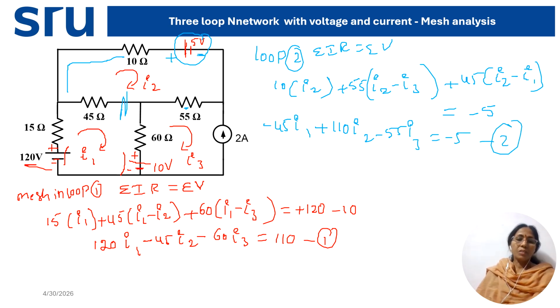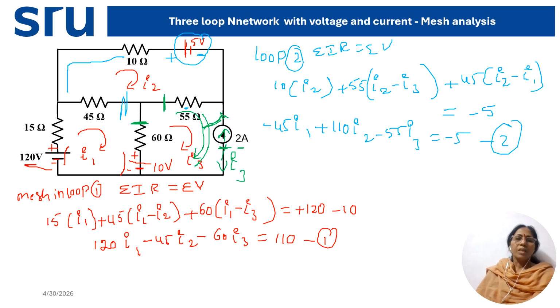Now see the third equation, it is very important. In loop 3, the loop current would normally be I3 minus the neighbouring loop current, but here the original branch current is given. How much current is flowing? 2 ampere. This is the loop current and this is the branch current, and both are in opposite directions. If this loop current were in the same direction as the branch current, I3 would be like this, but the original branch current is upwards with a magnitude of 2.